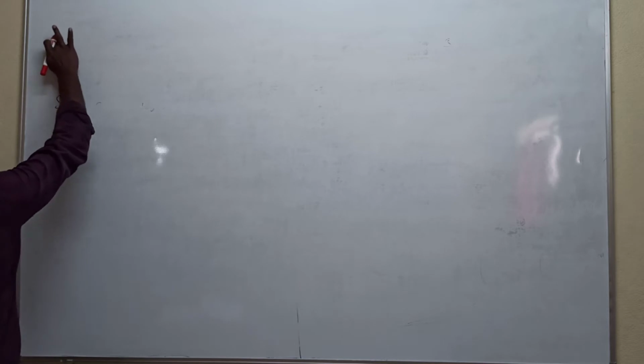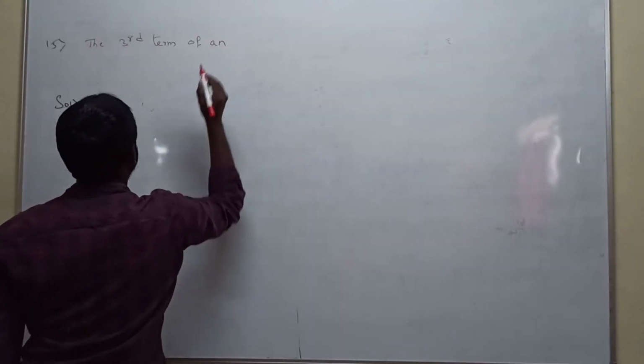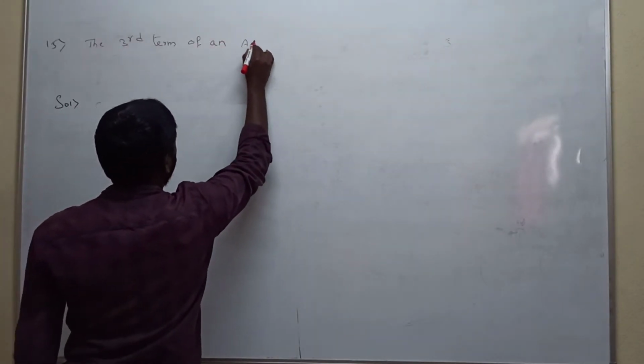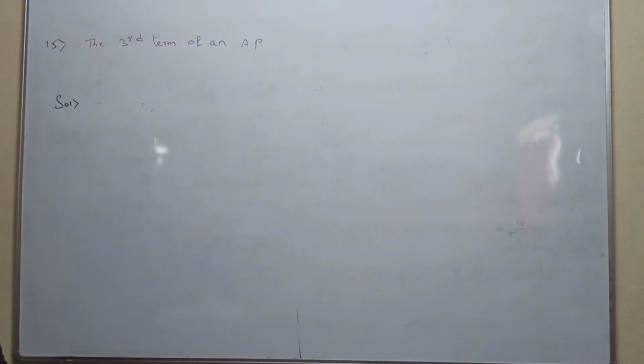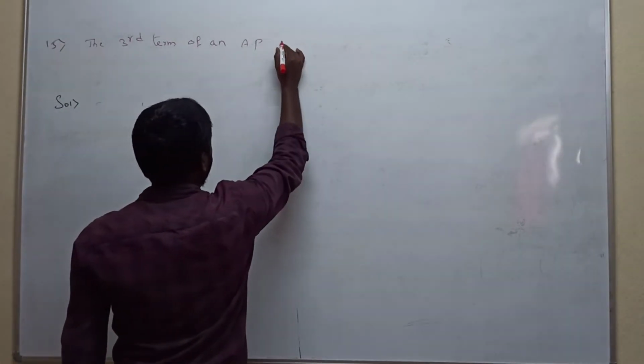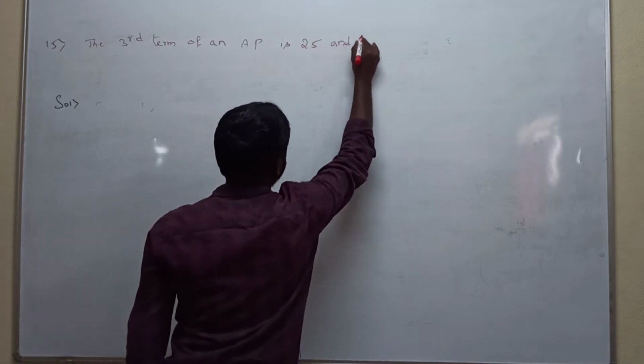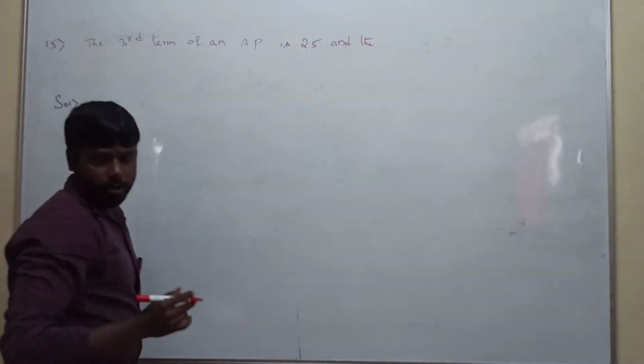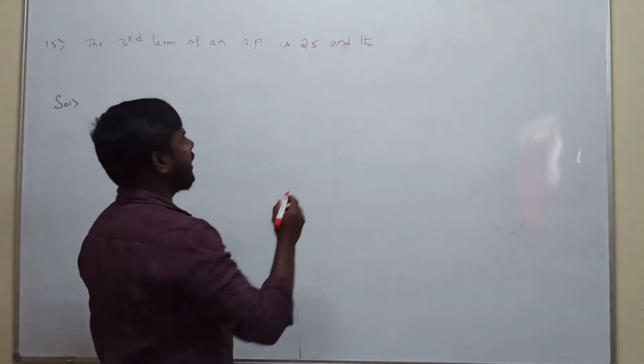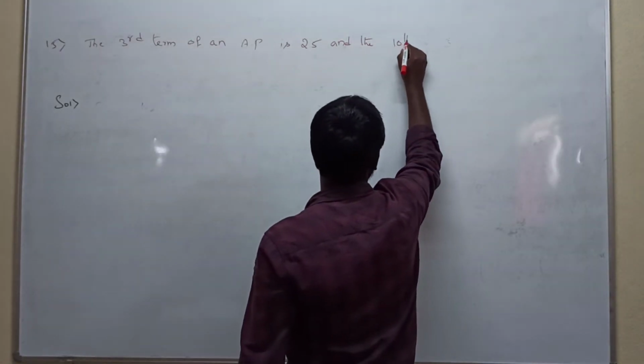Question 15: The third term of an arithmetic progression is 25 and the 10th term is -3.